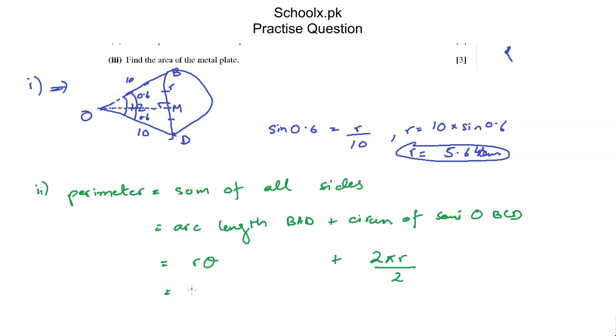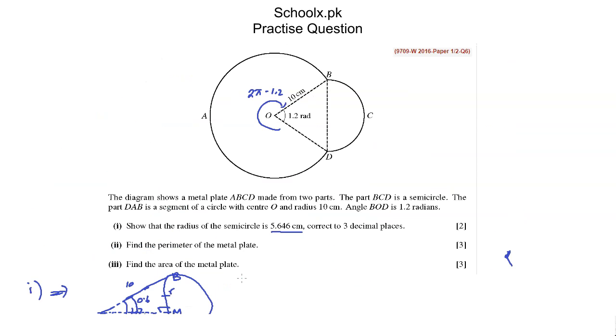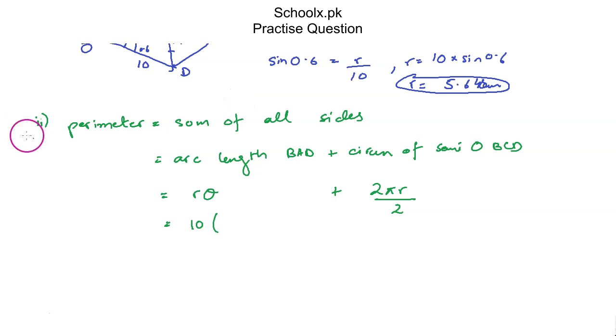So r theta, r is 10. Now theta is 2 pi minus 1.2, because we're taking the arc length of DAB, not the arc length right here, BD. So 10 into 2 pi minus 1.2, plus 2 into pi, r was 5.646, over 2. If we compute this, we get 68.6 centimeter.